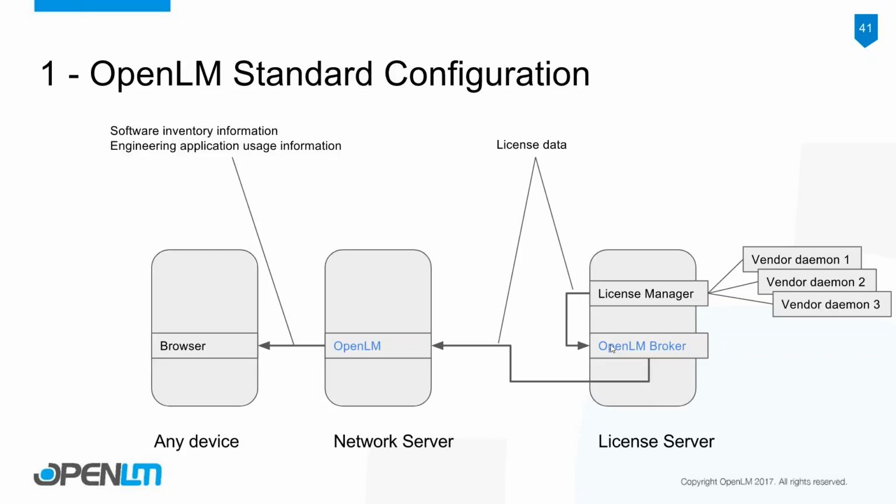The second item that you need to install is OpenLM on any suitable server on your network. It can be a dedicated server, it can be a license manager, which one you decide.